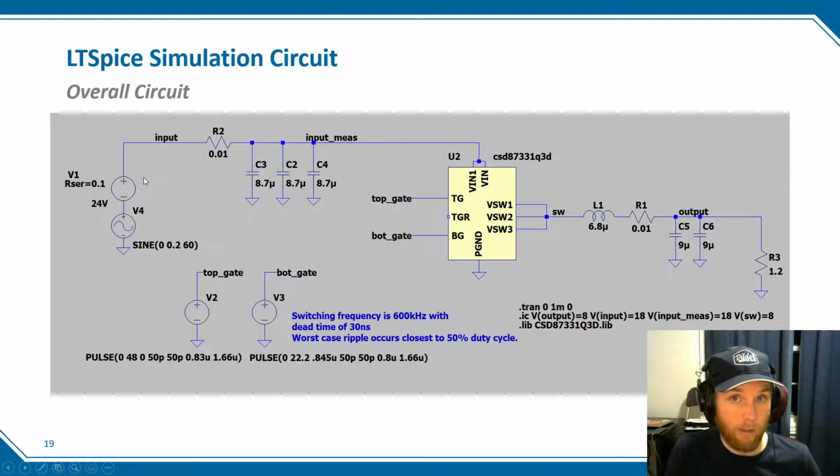So we bought a really cheap Chinese 24 volt, 150 watt AC to DC converter. So I expect that this is going to have really bad line voltage or line leakage. So I put a 200 millivolt 60 hertz sine in series with the 24 volts DC to mimic the leaked line voltage.